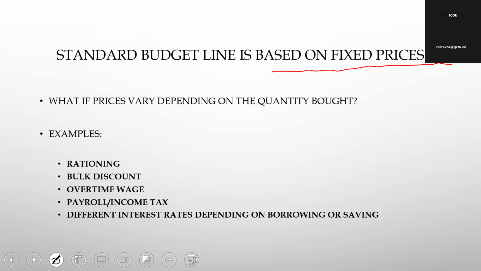So in real life, we have some of these things coming up. What if there's food rationing? There's hunger. Governments need to ration food so that everybody will get something. What if there is what we call a bulk discount?